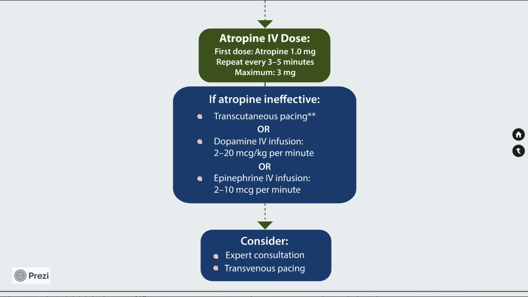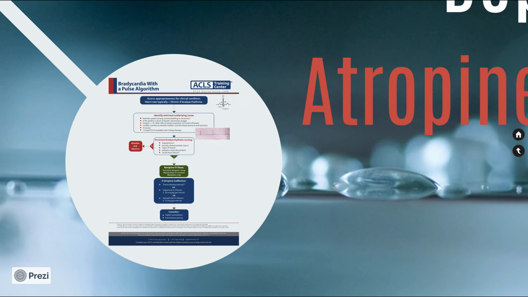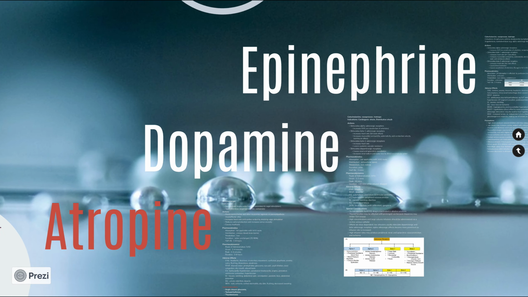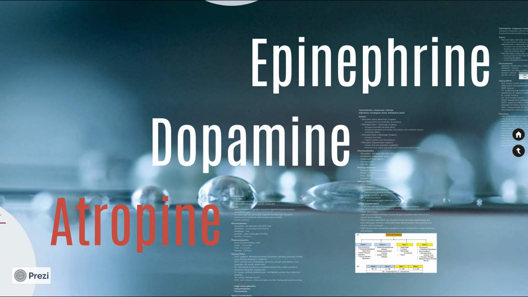And the molecule involved in the management of bradycardia is primarily atropine from Atropa belladonna. And if atropine is ineffective, we can consider dopamine or epinephrine. And those are the three drugs that we will be moving through as part of the management of acute bradycardia. So atropine, dopamine, and epinephrine.